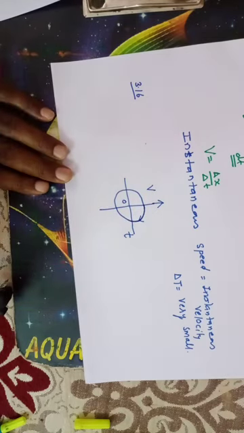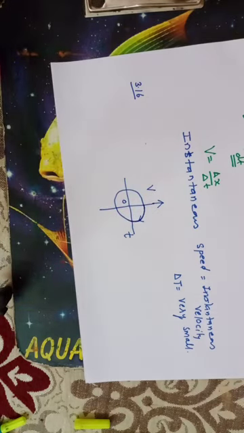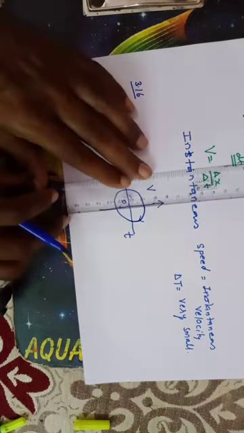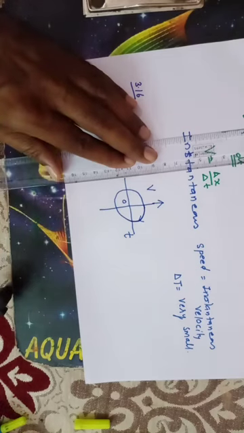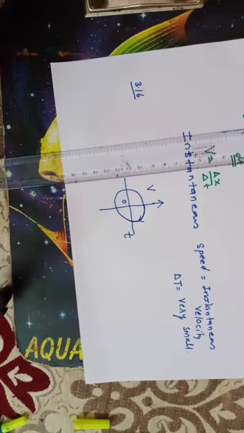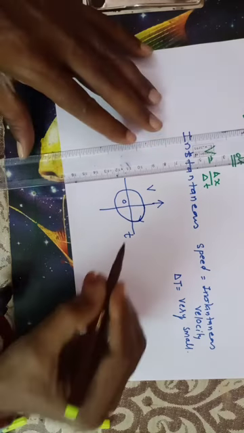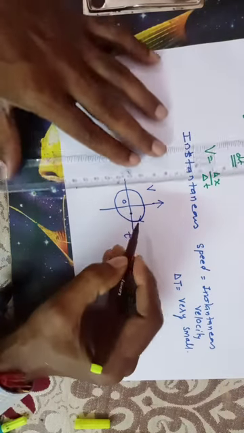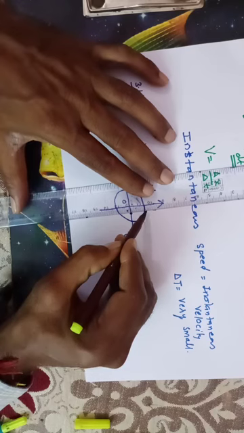Actually this graph is not possible, because if you pick this time, at this point it has two velocities.